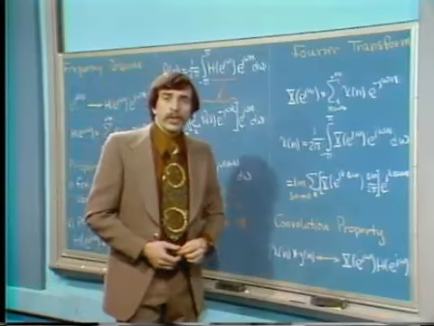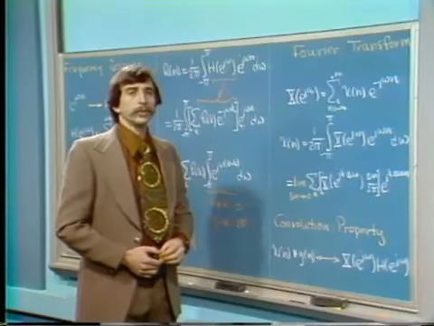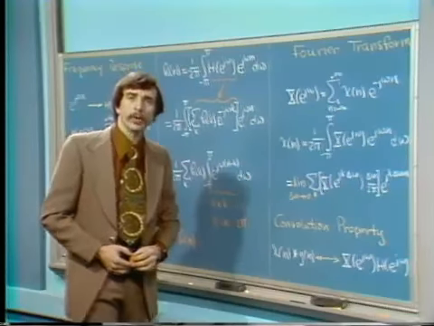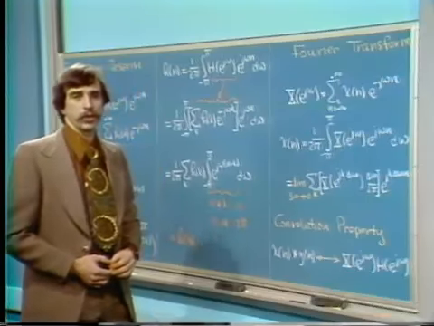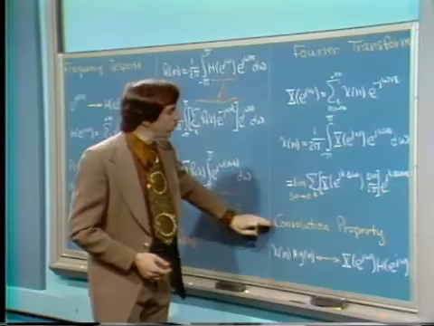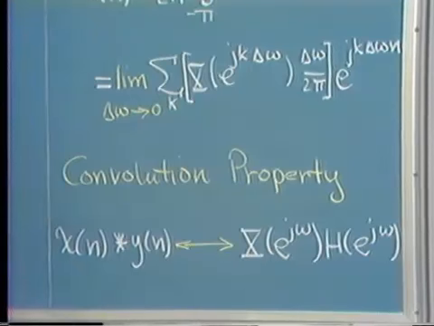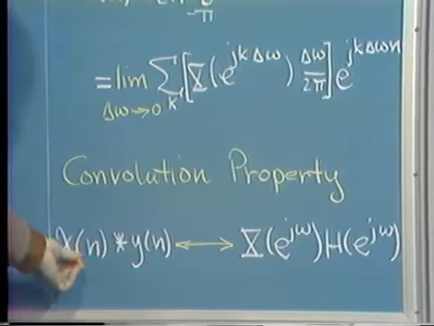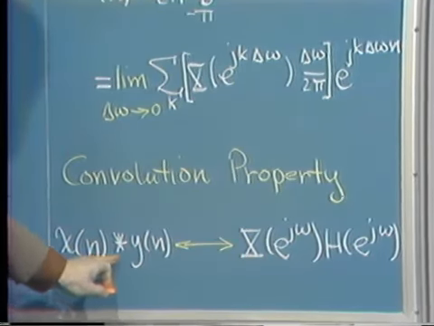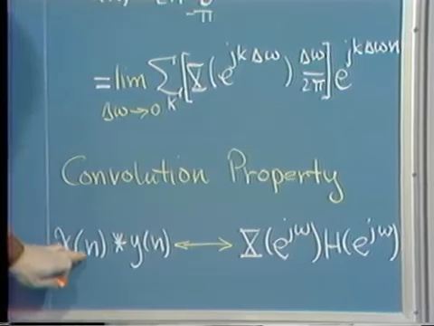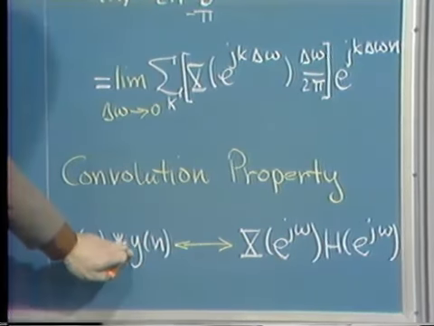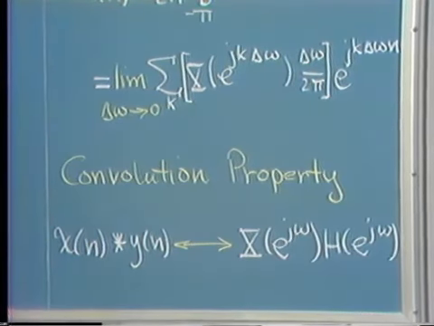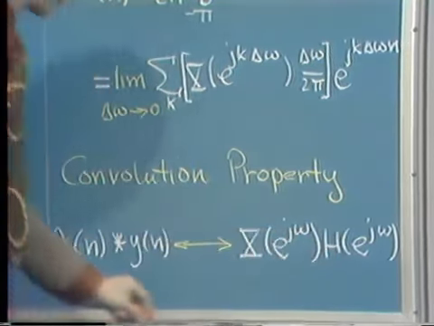There are a number of reasons why that's an important point of view. One of the reasons is that it leads to a very important property of linear shift invariant systems, which I refer to as the convolution property, and which states that if I have the convolution of two sequences x of n and h of n, then the Fourier transform of those is the product of their Fourier transforms.